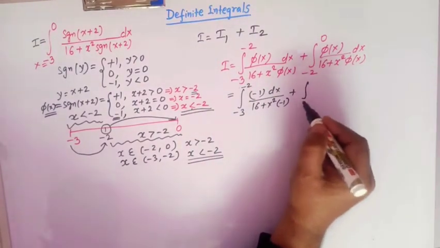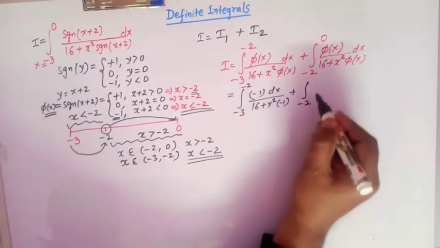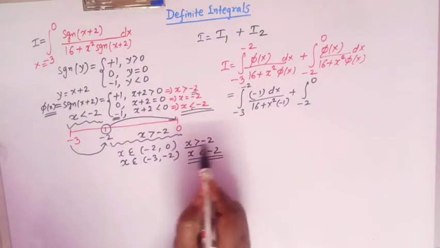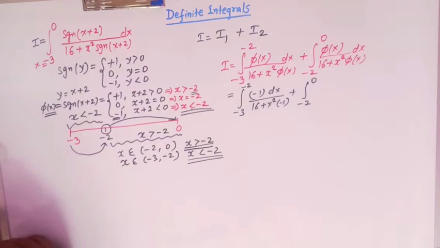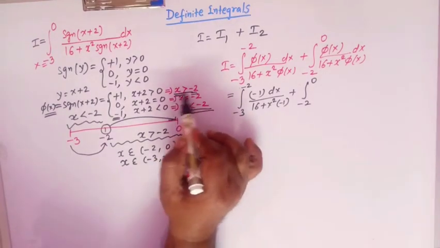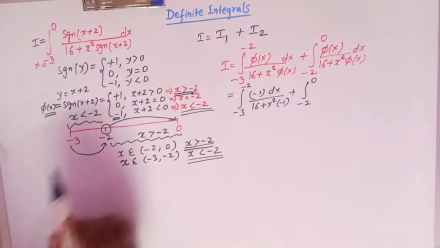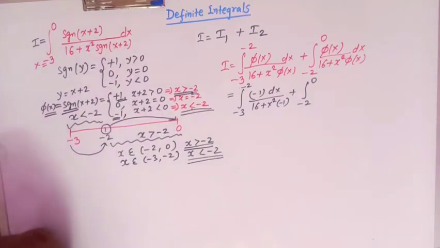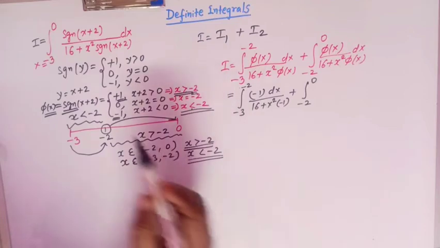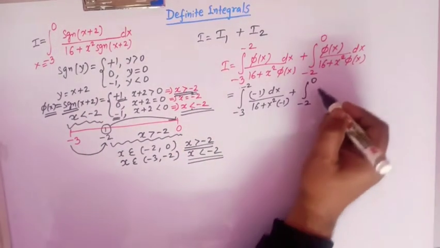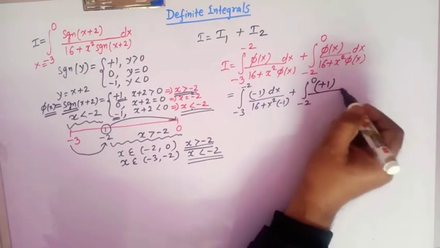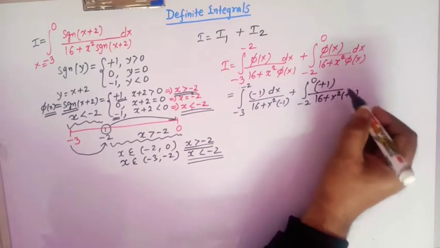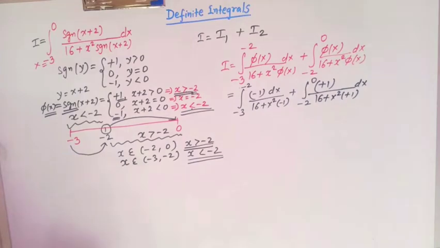When x lies between -2 and 0, x is greater than -2, so the signum function has value +1. So phi of x has the value +1, and we have 16 + x² times +1 in the denominator.